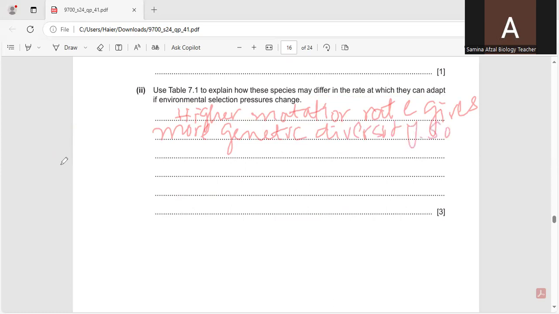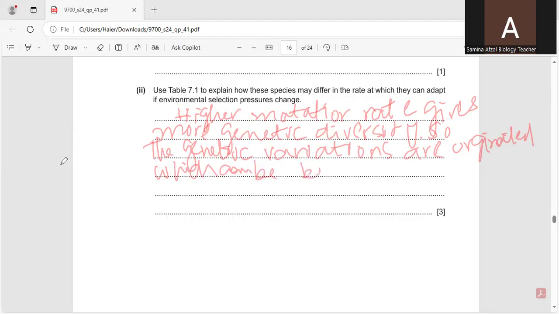So the genetic variations are originated, which can be beneficial or harmful.